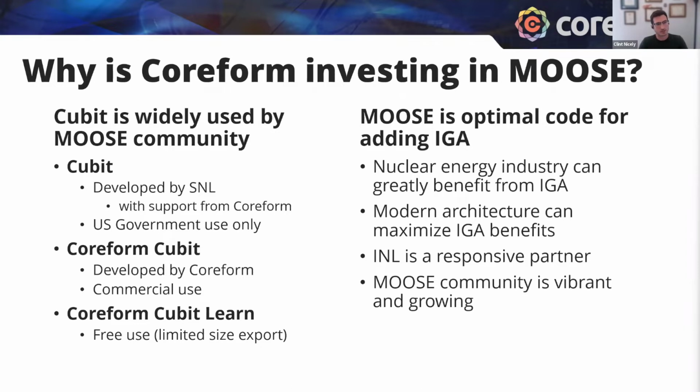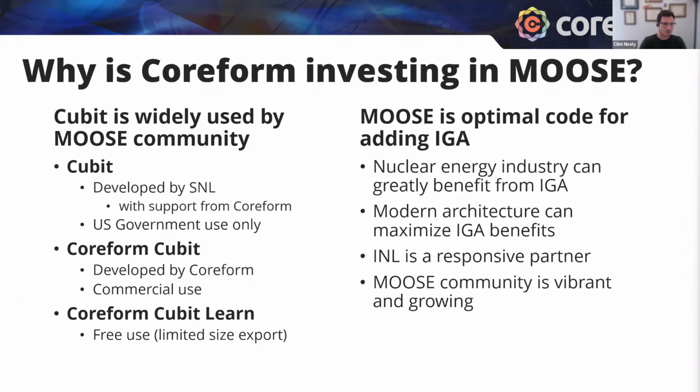We also see that Cubit is also used widely by the Moose community. As Matt previously spoke about Cubit a little bit, Cubit, originally developed by Sandia National Labs, was originally only really used for government analysis, but since then it has been pushed out. Trelis was the commercial form, and then Coreform has taken stewardship of the commercialization of Cubit, and it's now just called Coreform Cubit.